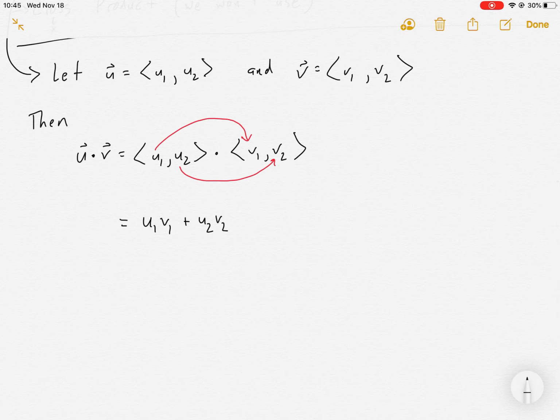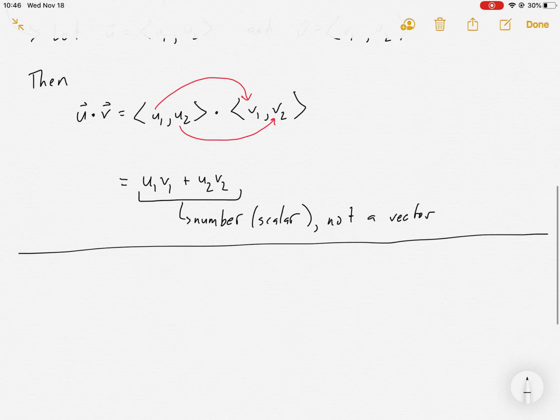What's important to note here is this is now just a number, a scalar quantity. It's not a vector anymore. After we use the dot product on two vectors, we end up with a number. It is no longer a vector.